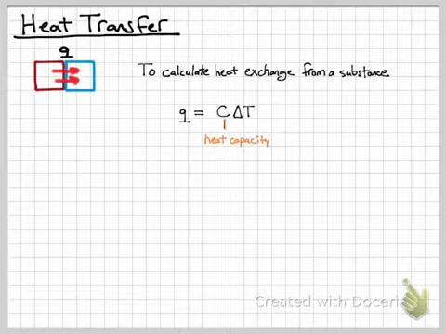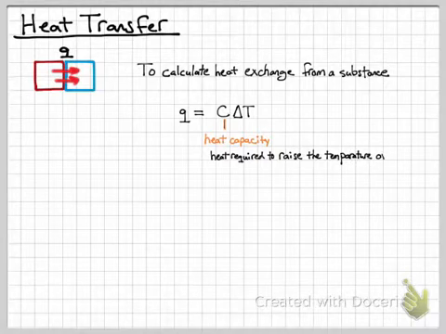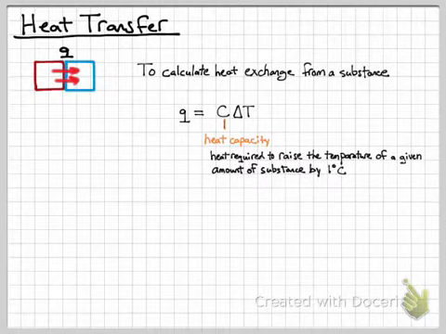Heat capacity is defined as the heat required to raise the temperature of a given amount of substance, so a very defined amount of the substance, by 1 degree Celsius.